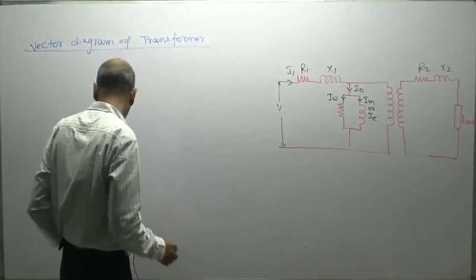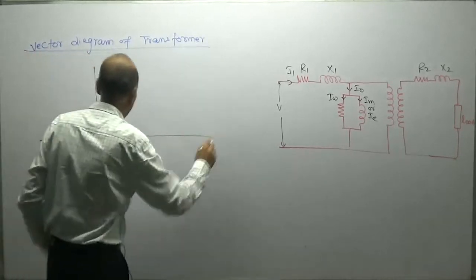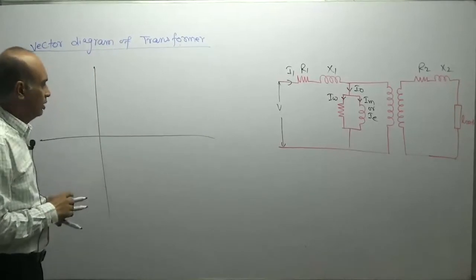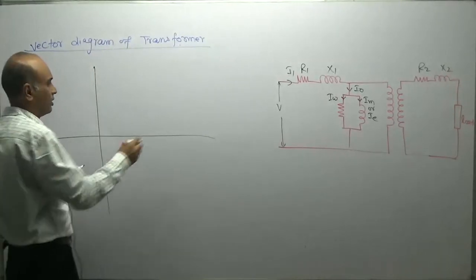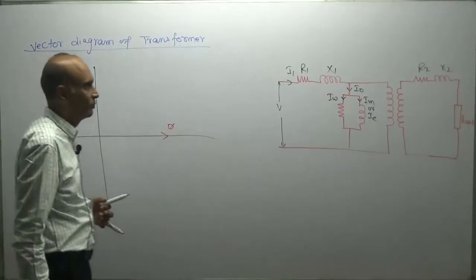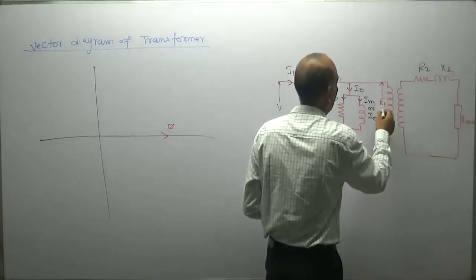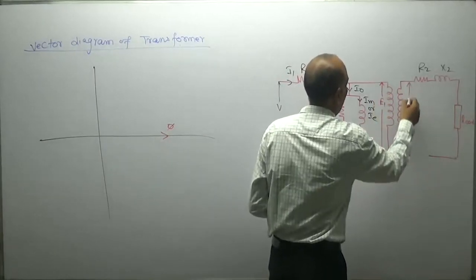So, first in the vector diagram, the flux will be here. It will be the vector of flux. It is the voltage E1. It is the voltage E2.